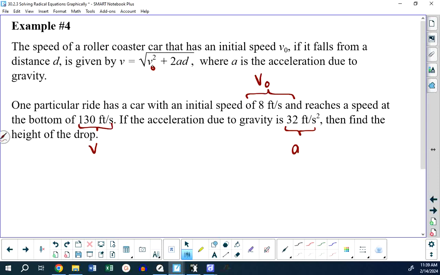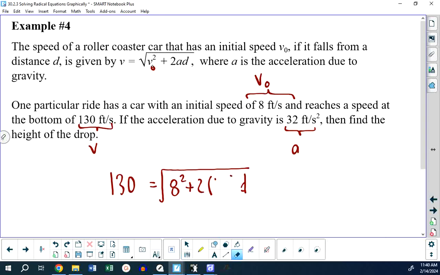All we're going to do is put those numbers into this equation. So we're going to have 130 equals the square root of 8 squared plus 2 times 32 times d. It's a radical equation.